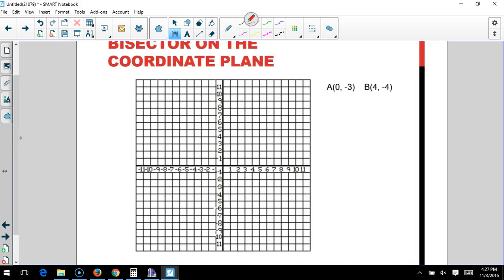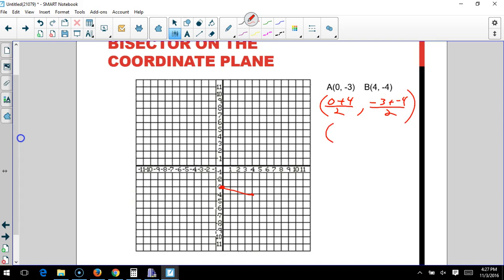So we have (0, -3), which is right here, and we have (4, -4), which is right here. So we have that segment. First thing we want to do is find the midpoint. So that's 0 plus 4 divided by 2, and -3 plus -4 divided by 2.